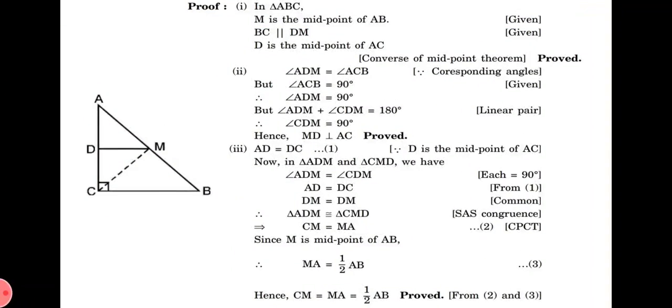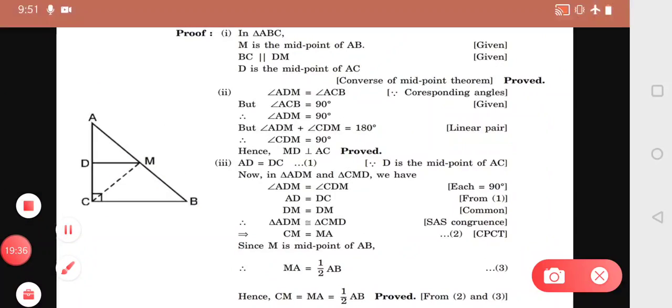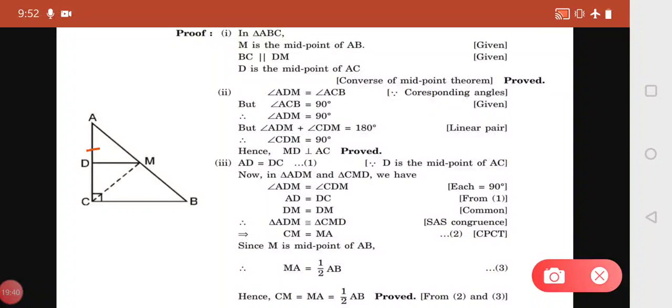Next, second proof. Angle ADM equals angle ACB. These both angles are equal. Why are they equal? Because they make a pair of corresponding angles.